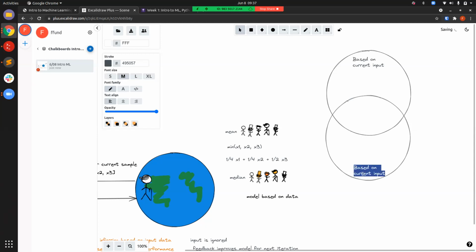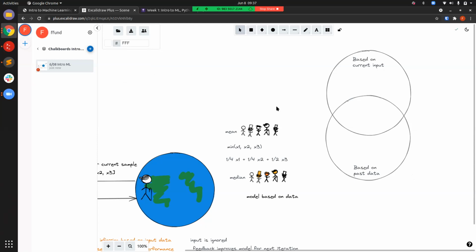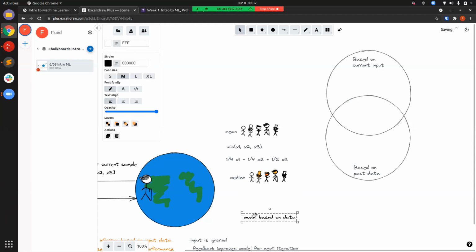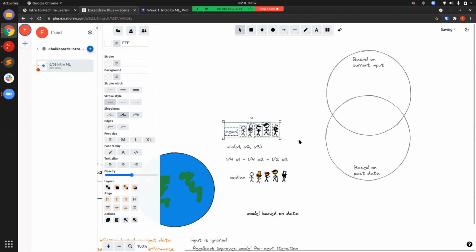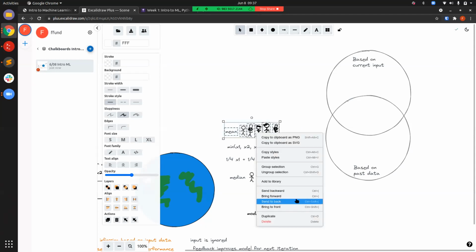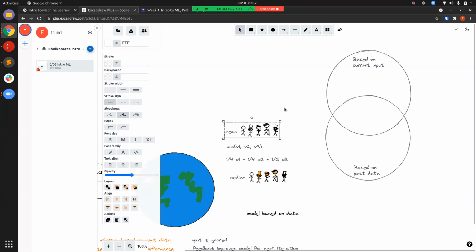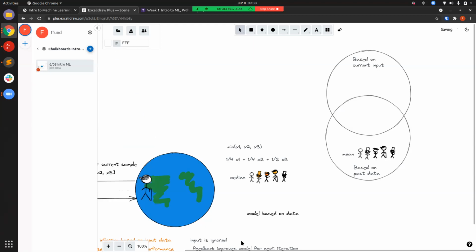And the bottom one is going to be based on past data. Okay. The one that was the mean of last semester's grades. Is that one based on the current input? No, it's based on past data, but not current input. Okay, so we'll put it in there.